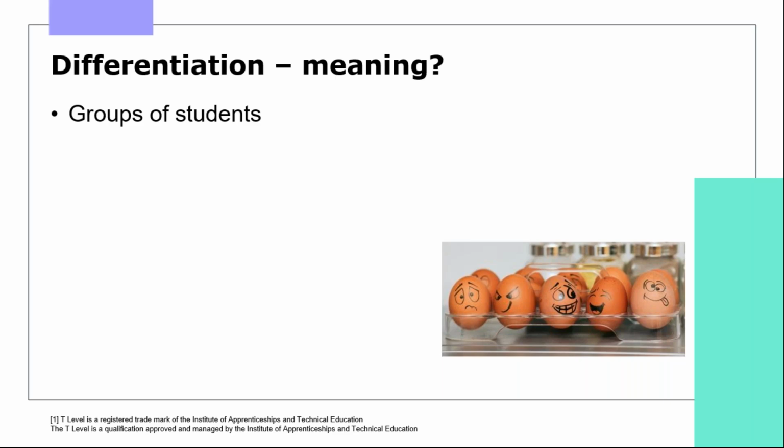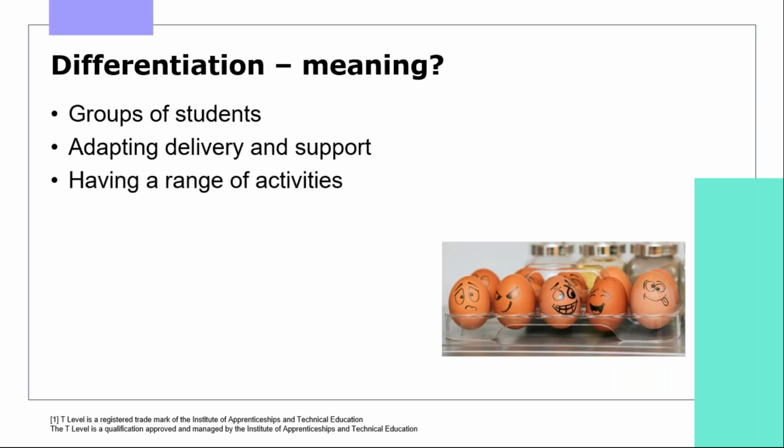So we're going to focus the content of the session on working with cohorts and adapting sessions in relation to individual student differences. It's about teachers adapting their delivery and support practice in relation to their students' needs. Having a range of activities is always good practice and links to preferred learning styles, allowing students the time and structure to learn effectively as individuals.